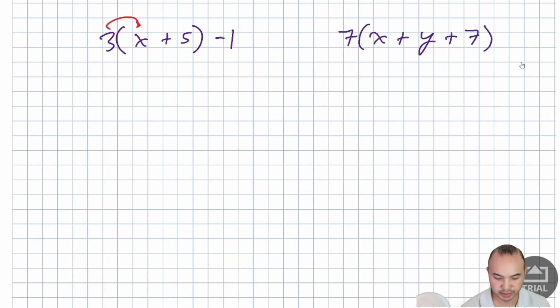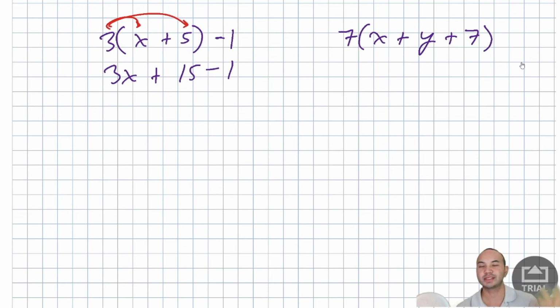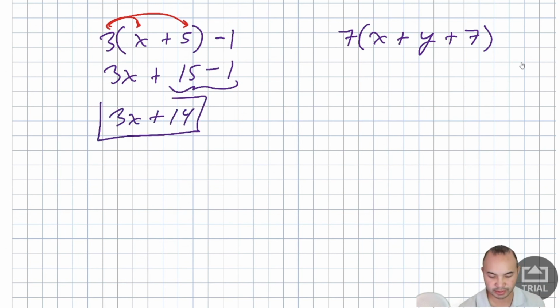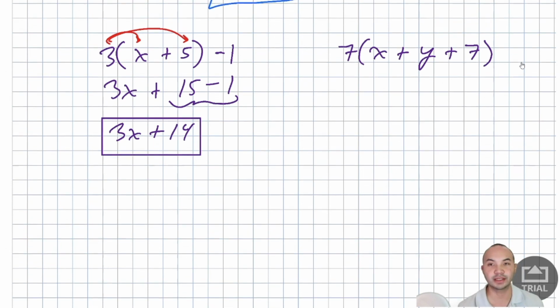I'm going to distribute here. 3 times x is going to be 3x. 3 times 5 is going to be 15. So I can skip that step. And then the minus 1. You don't multiply 3 times 1 because it's not inside the parentheses. And then you can just combine like terms. There's 3x plus 14.